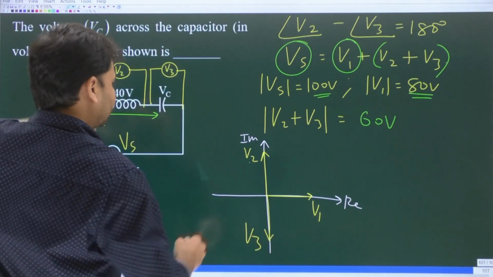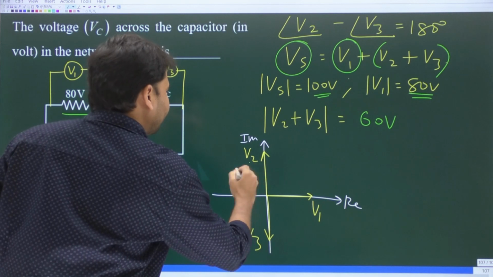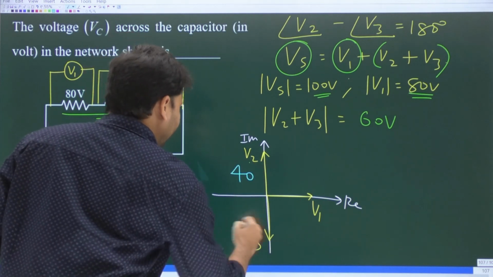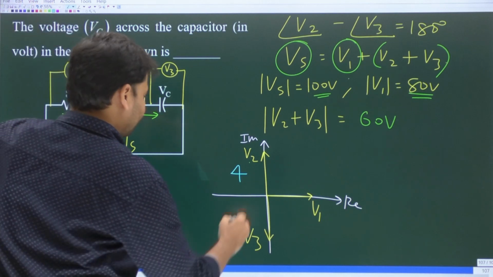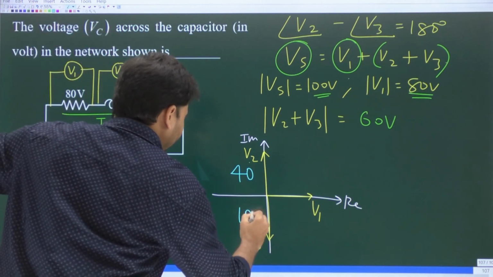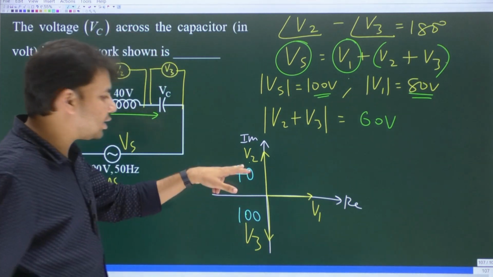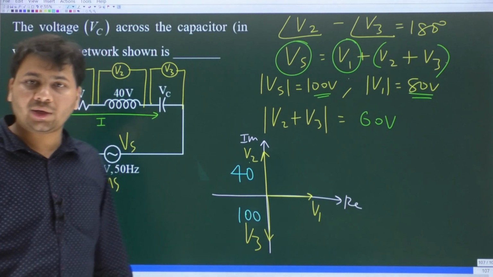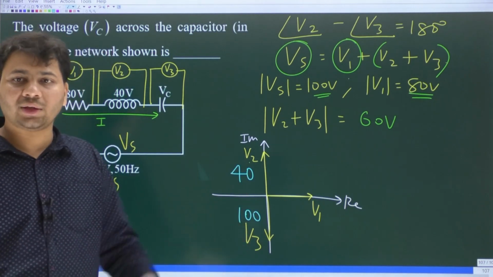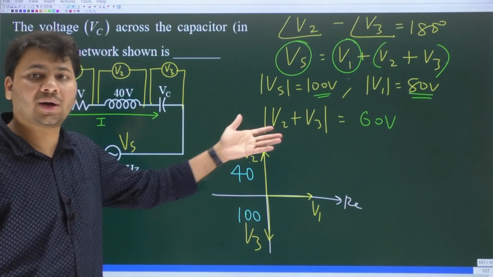So here, if V2 is 40, this should be 100. If this is 100, this is 40 units. The resultant would be along V3, and it will have a length of 100 minus 40.